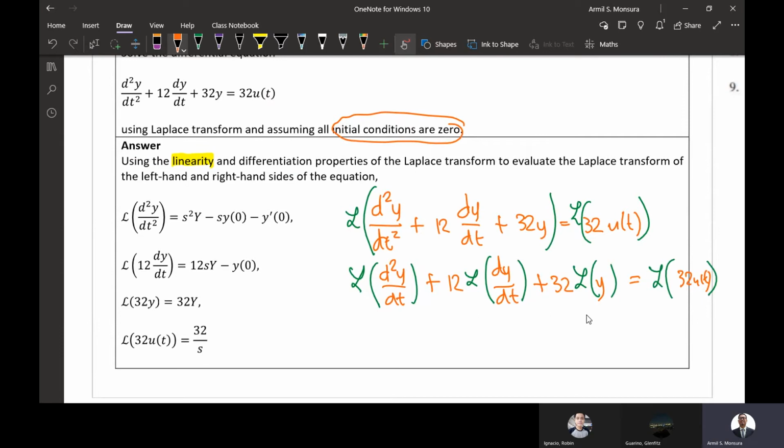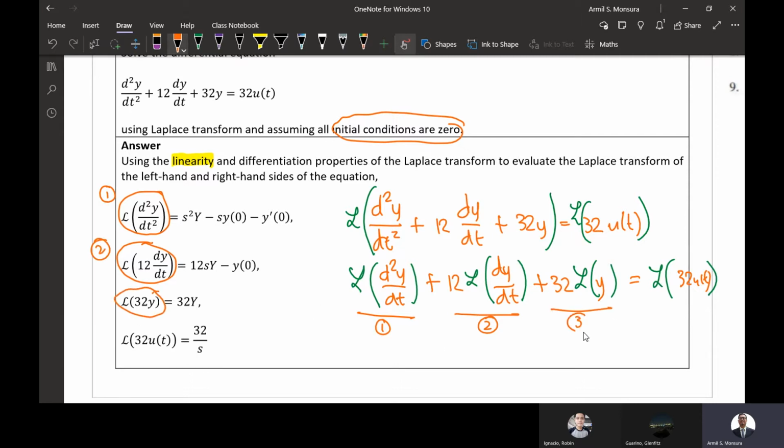Ngayon, applying din, kasi ito na yun eh. Lalabas, ito na yan. Yung first operation natin, ito. Tapos, ito. Then, ito.